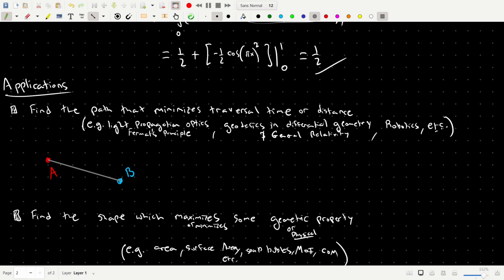For instance, one of the first problems that we're going to consider is the brachistochrone problem, where you want to design a curve or a path for some falling object that minimizes the traversal time as you go from A to B. It turns out that the optimal path looks something like the following.